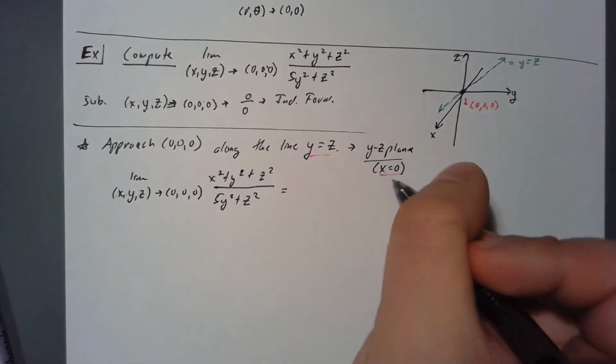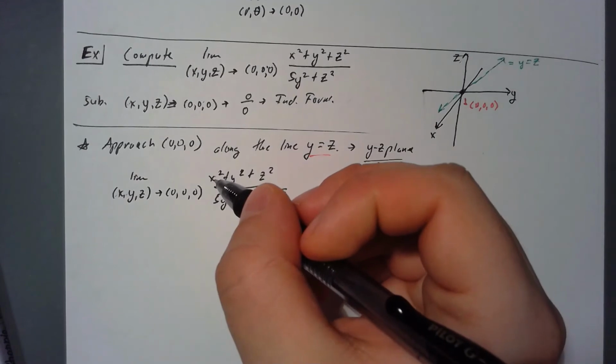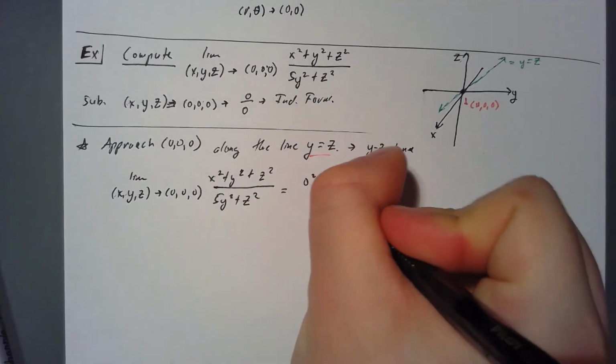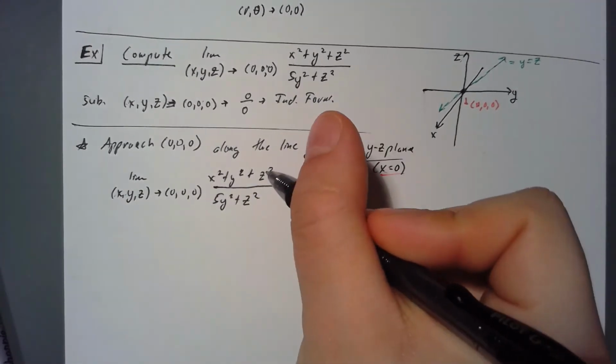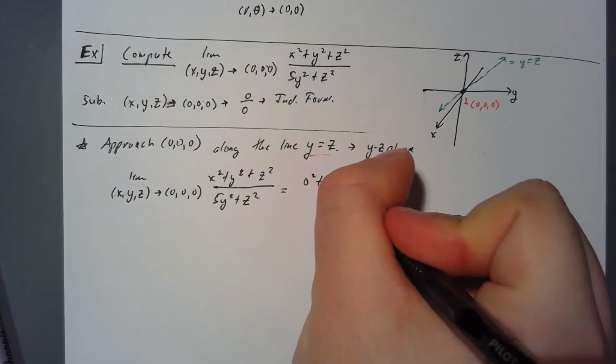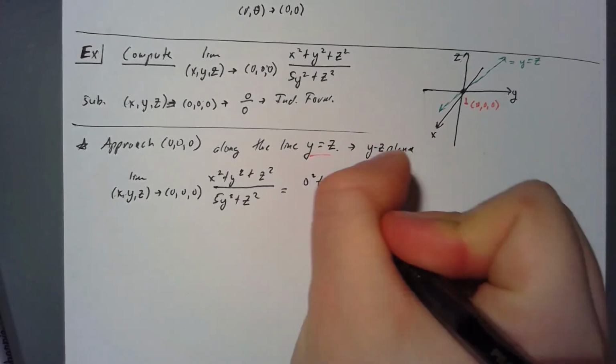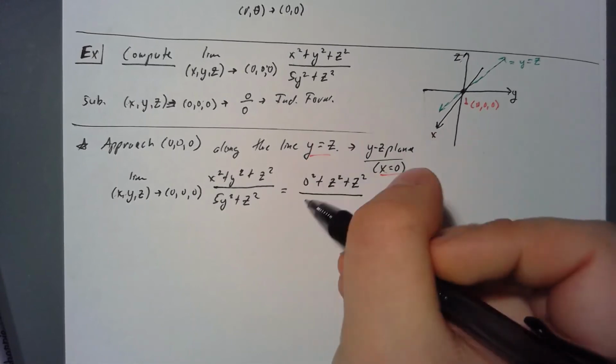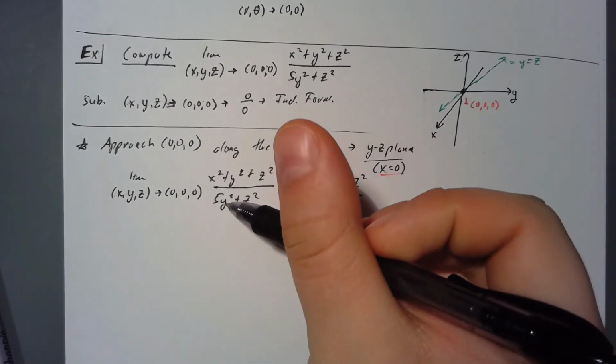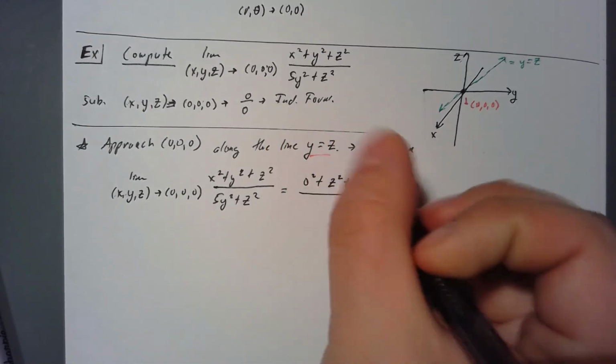So x is 0, so I'm going to have 0 squared, plus now y is z, so this is going to become z squared, plus z squared, because that was still z, all over 5z squared plus z squared.